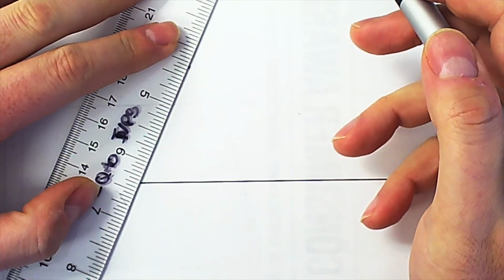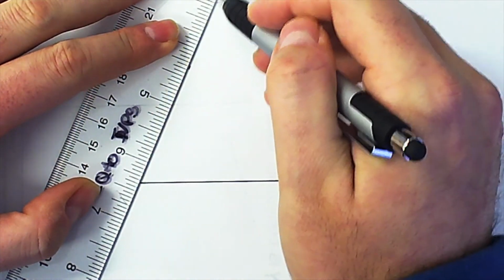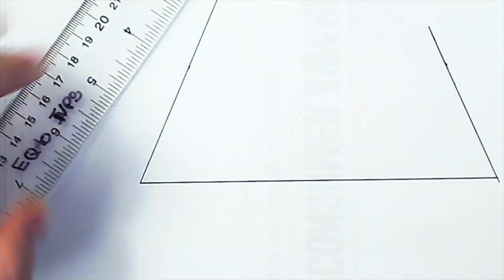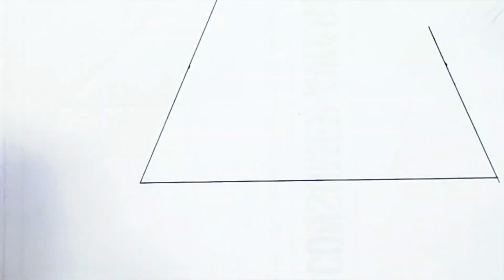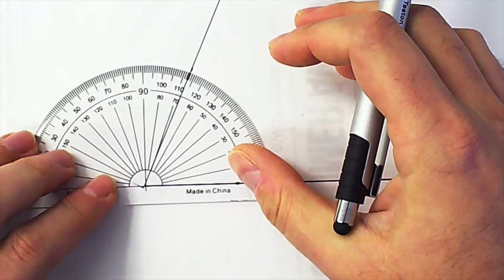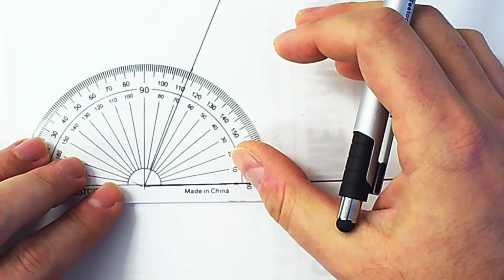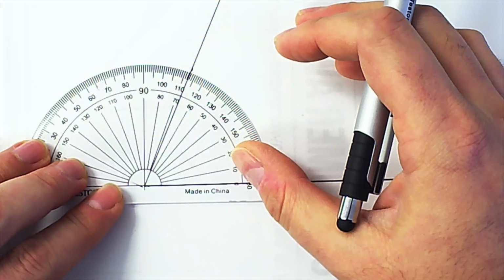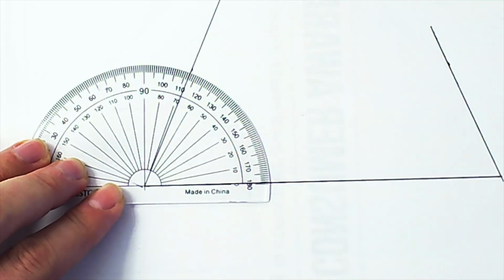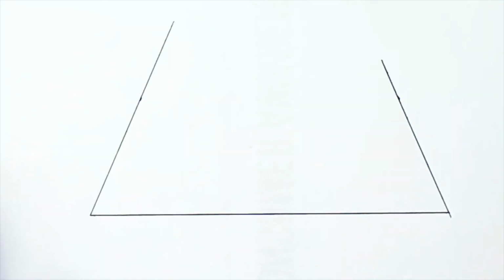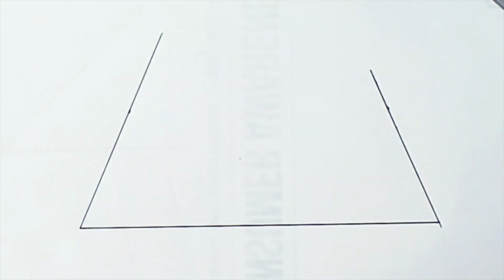Line it up. Draw the line. I like drawing them extra long because it goes right through the line so I could see if I'm correct or not. There we go. 68, not bad. Close enough. Okay. So that's how you would draw angles using a protractor.